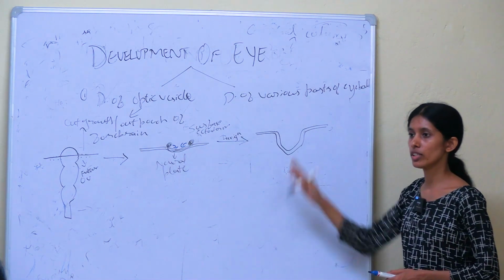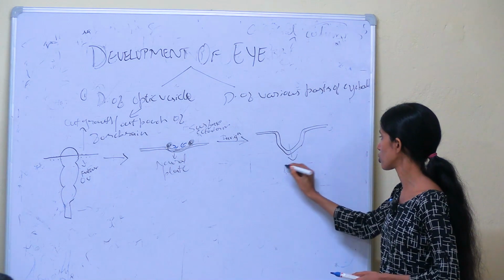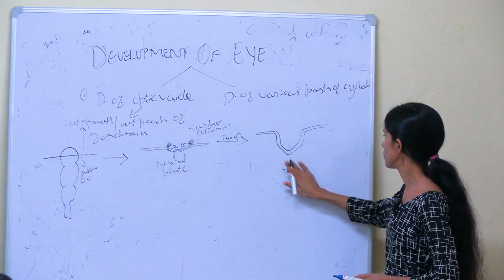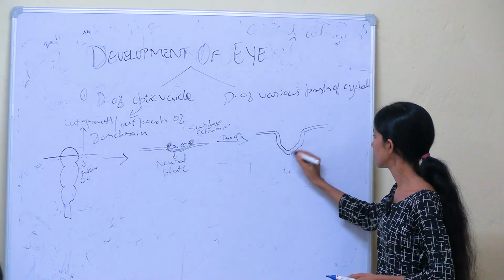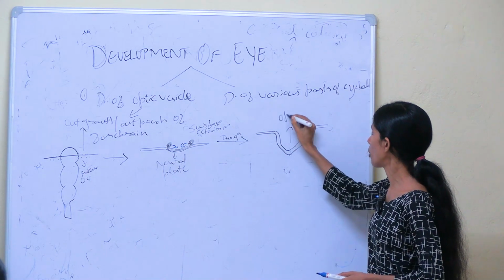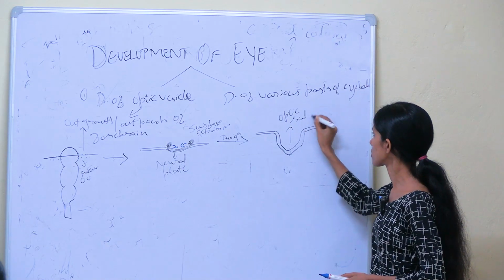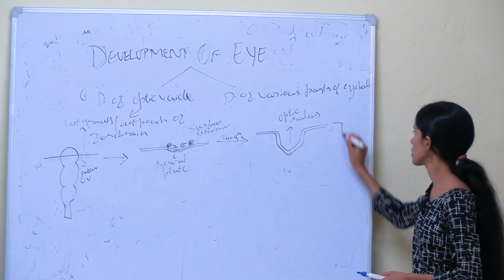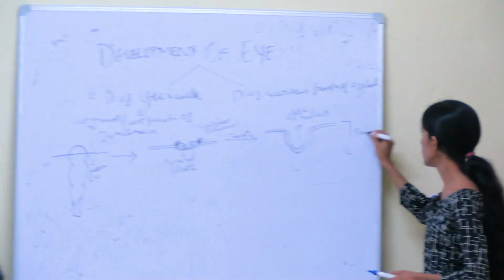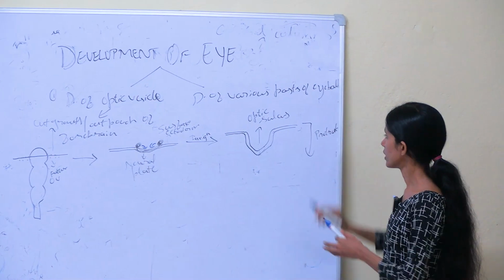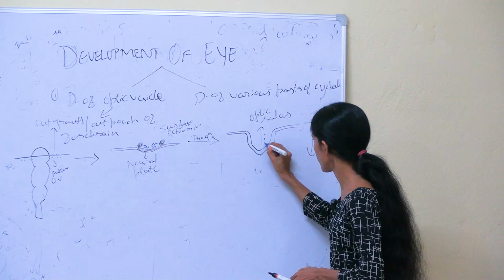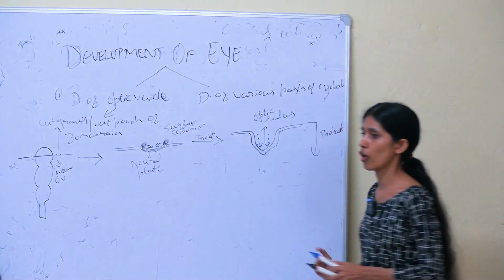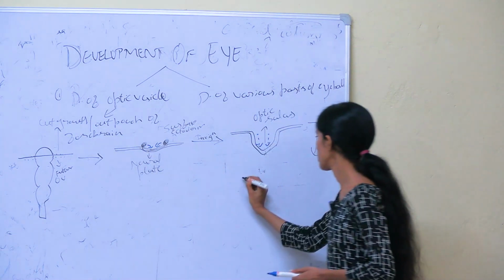Now this invaginated structure is called the optic sulcus. This optic sulcus will further protrude in the downward direction like this to form your optic vesicle.